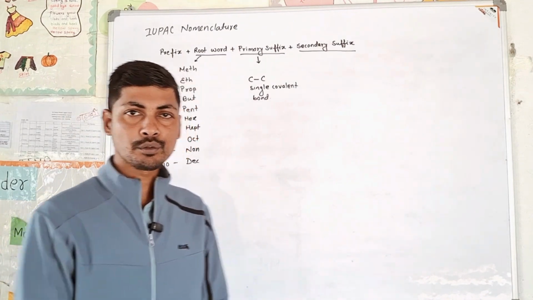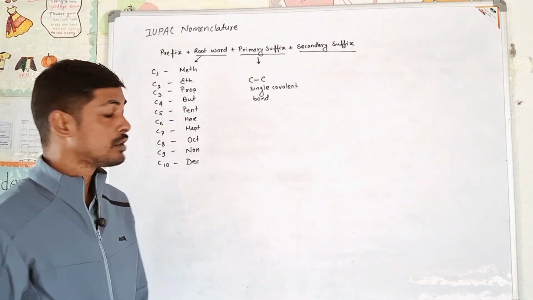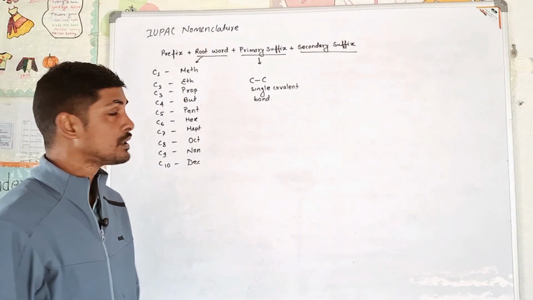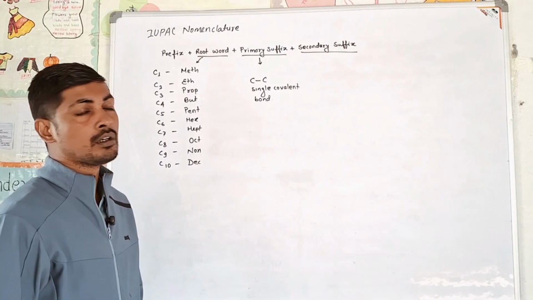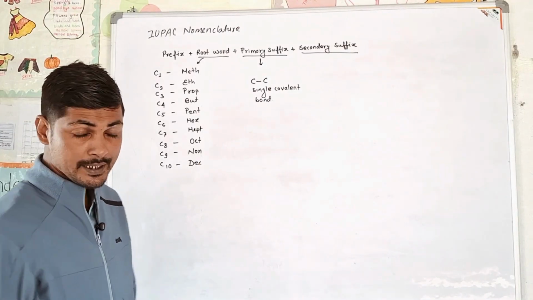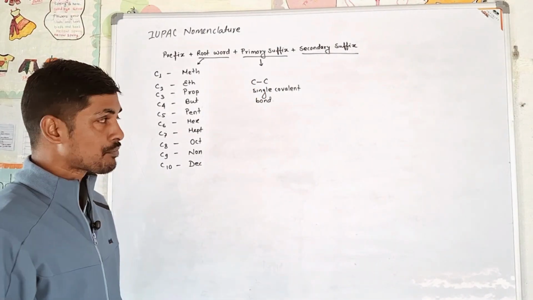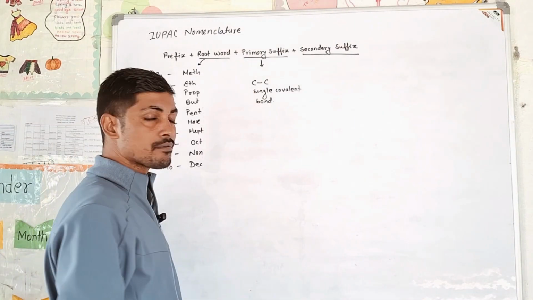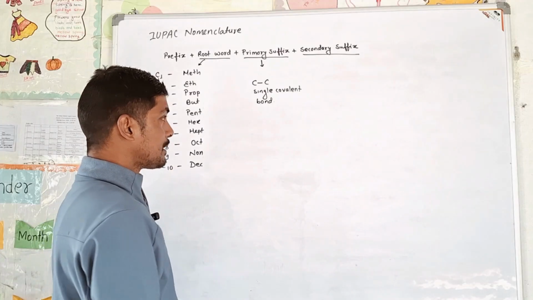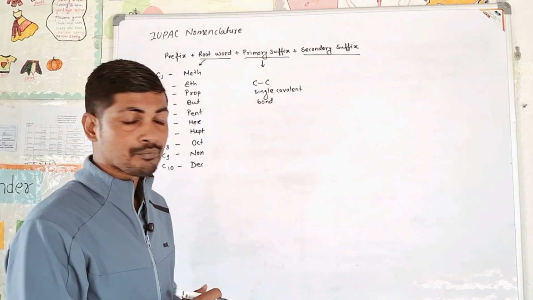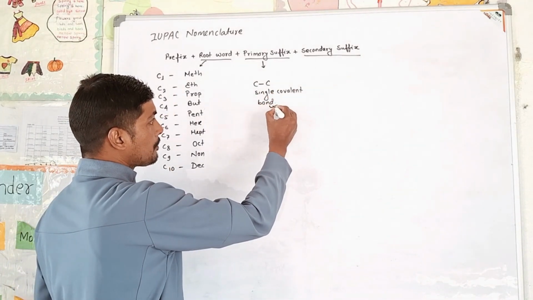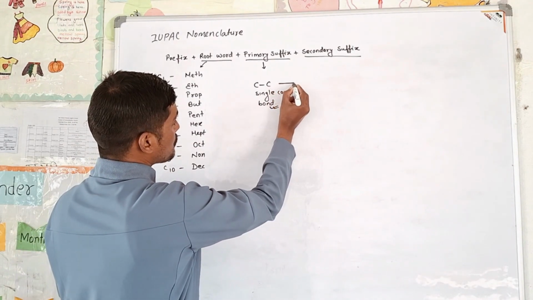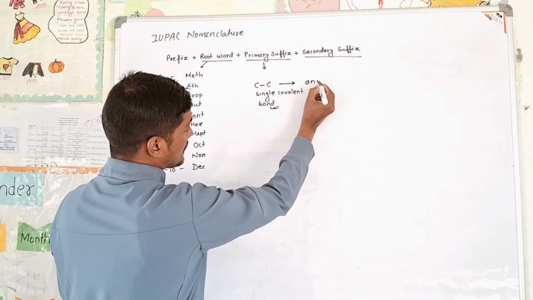So my dear students, after the root word, the next thing that we have to see is the primary suffix. This primary suffix depends upon the number of covalent bonds present between the carbon atoms in the parent chain of that hydrocarbon. If there is a single covalent bond in the parent chain, we use the primary suffix ane.